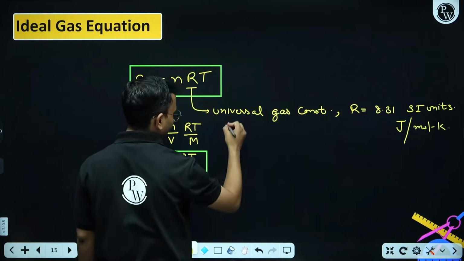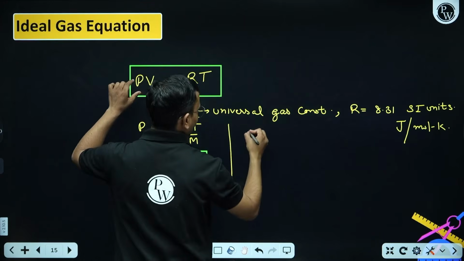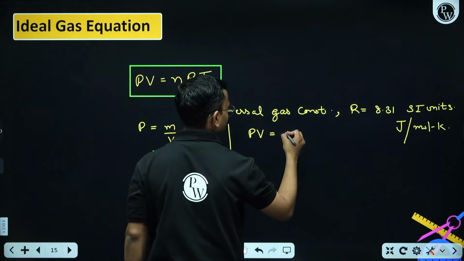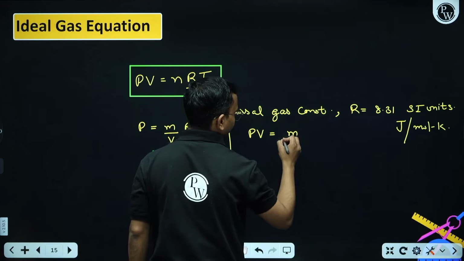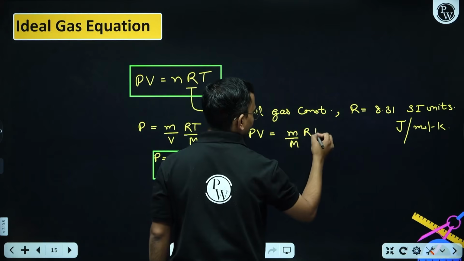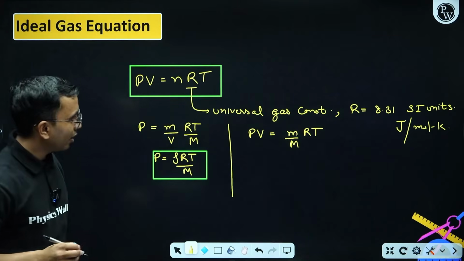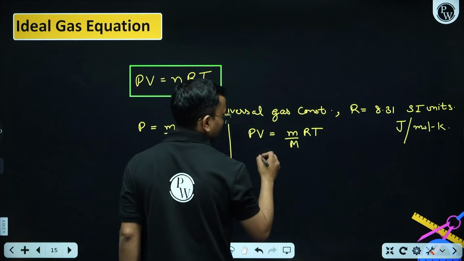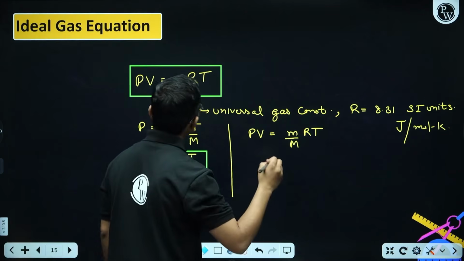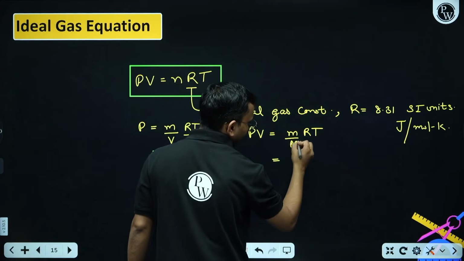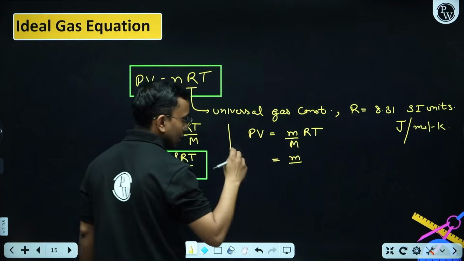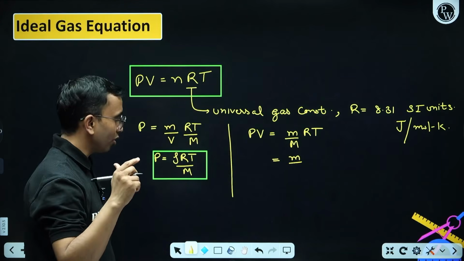How? I can write P into V is equal to n as given mass divided by the molar mass, into R into T. Now this molar mass I can write as number of molecules into the mass of one molecule.